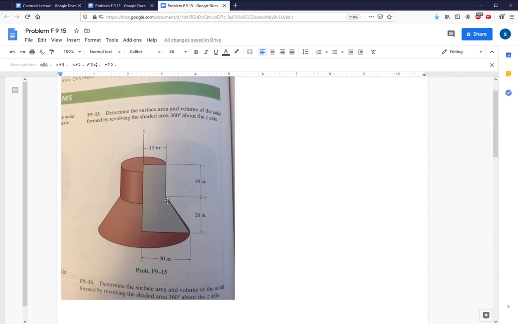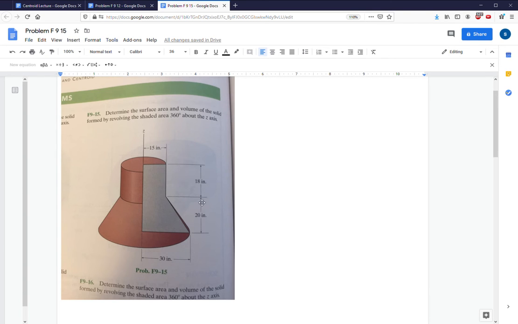Now the diagonal side can be a bit tricky because the length of the diagonal side is not 20 inches, it's not 30 inches. This is a diagonal, which means we need to find the length of this hypotenuse right here. It goes 20 inches in the z direction, and then 15 inches in the r direction, because it doesn't start at the origin, it starts 15 inches out.